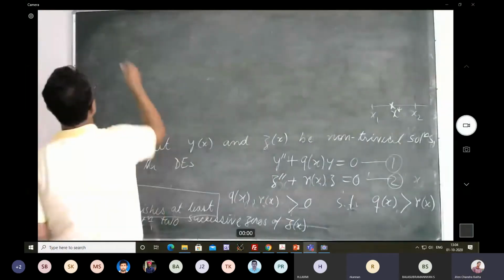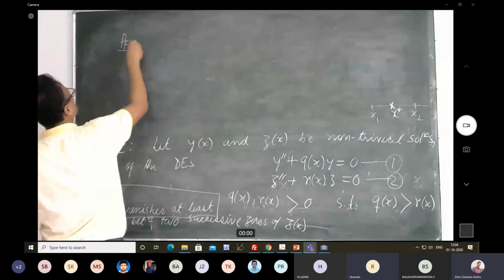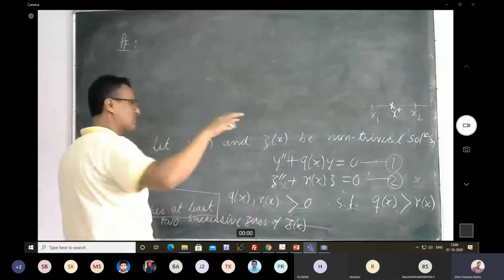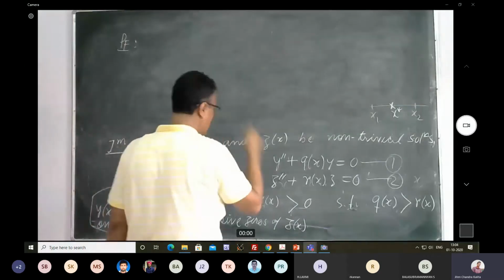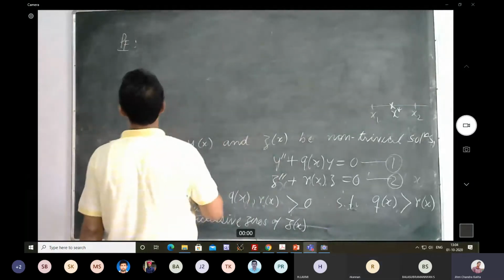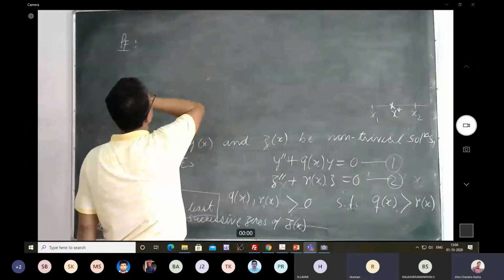So it will be similar to the previous one. In fact, the same methodology you could adopt, but here I'm going to do it slightly differently, though that will also work.